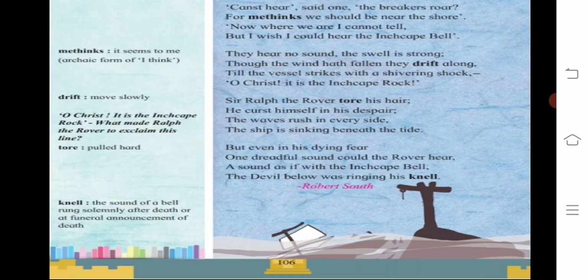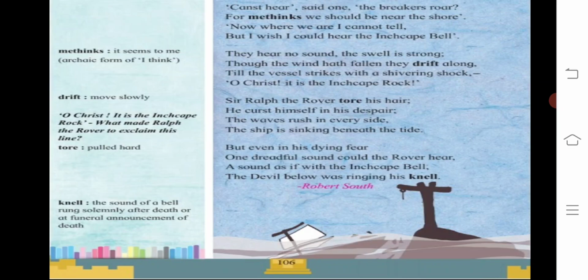The waves rush in every side. The waves' water was rushing towards their vessel. The ship is sinking beneath the tide, and under this great flow of the sea waves, with the rising and falling of the sea, that vessel of Rover was sinking.